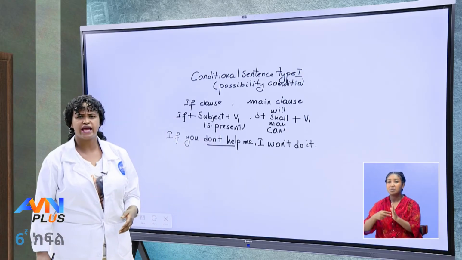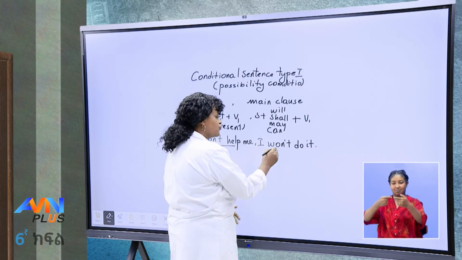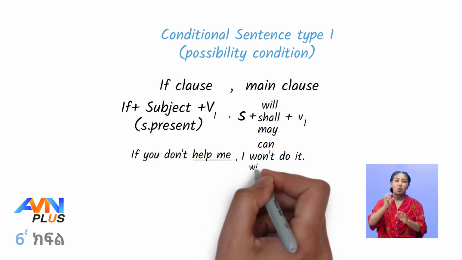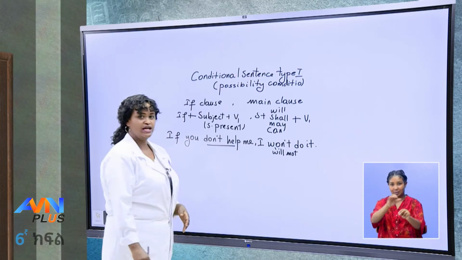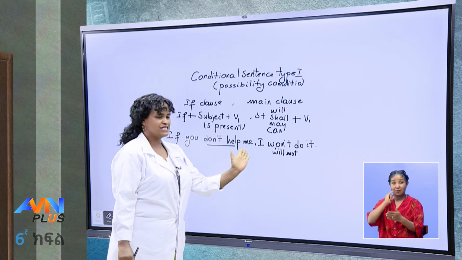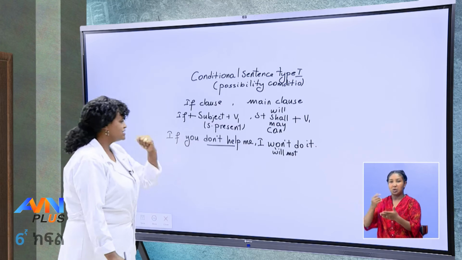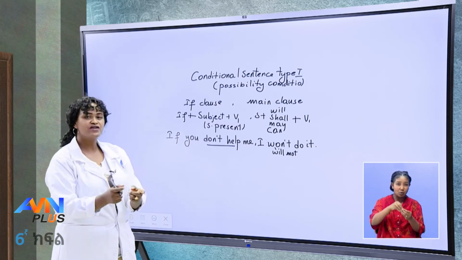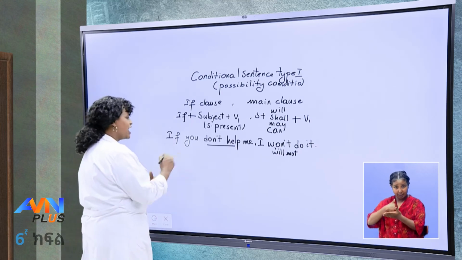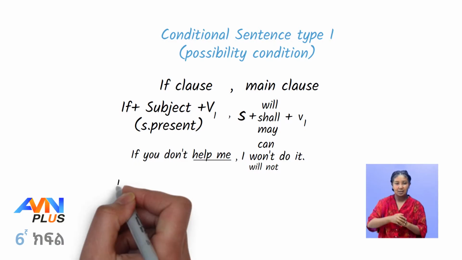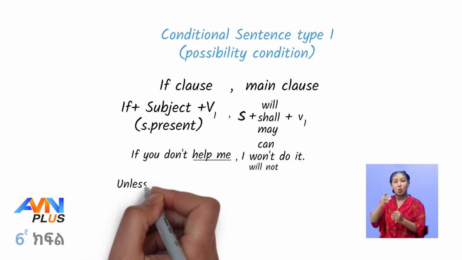What does it mean when we say I won't? It is the contraction, the short form of will not. So, look. If you don't help me, I won't do it. But there is also another expression. When you say, if you don't help me, in other words, you are saying, unless. Unless you help me.